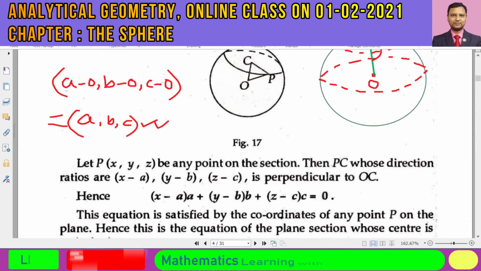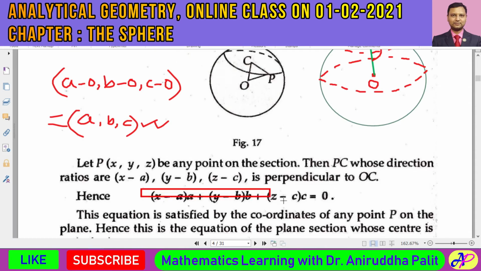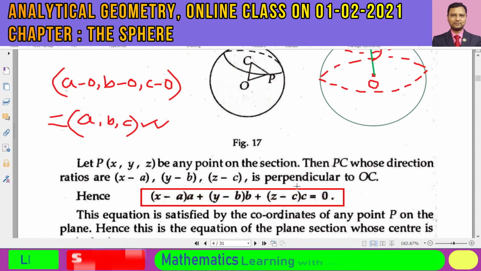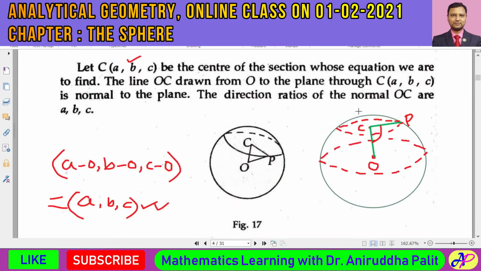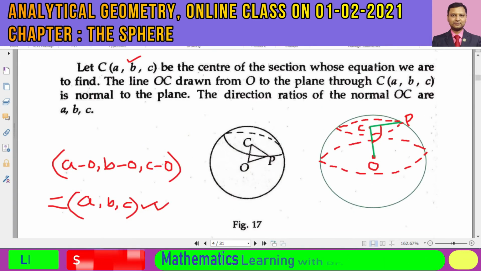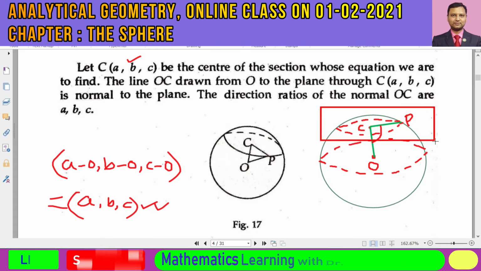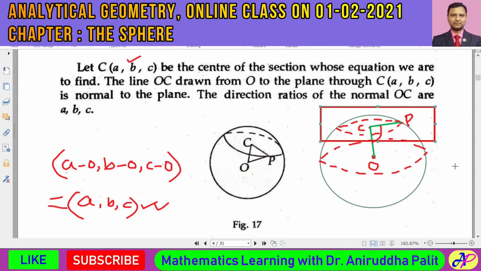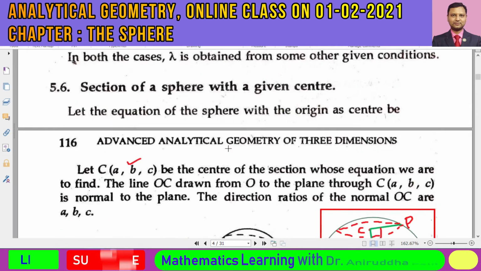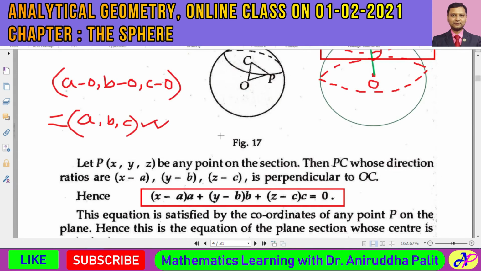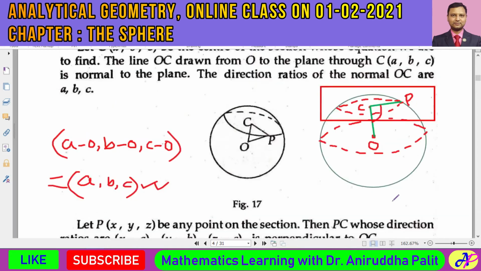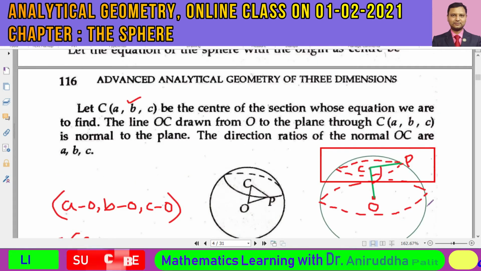So in this way we will be able to compute the equation of the plane, the plane on which this small circle will lie. Then the equation of this small circle can be written as the intersection of this plane and this sphere.